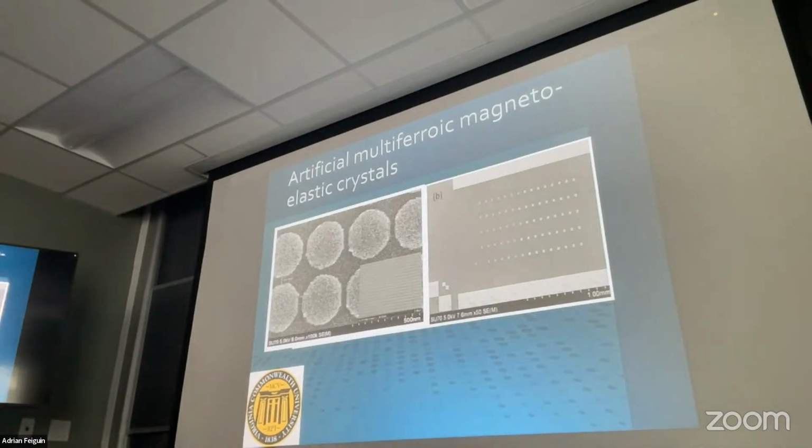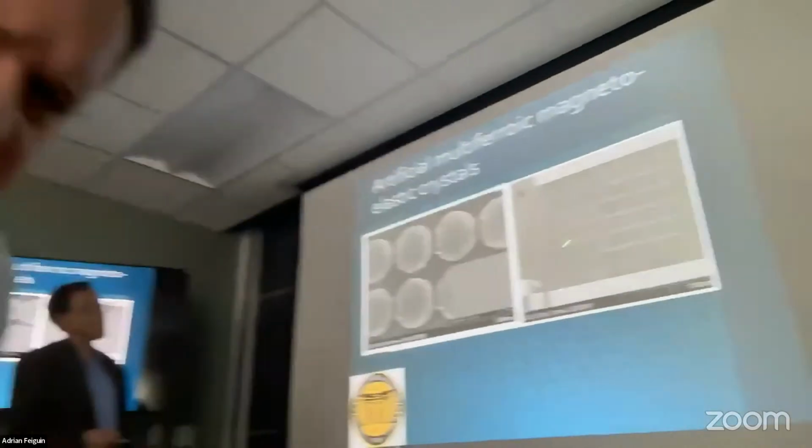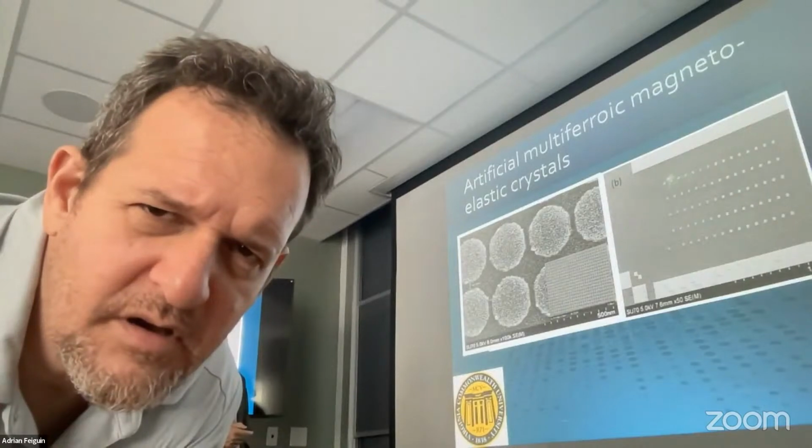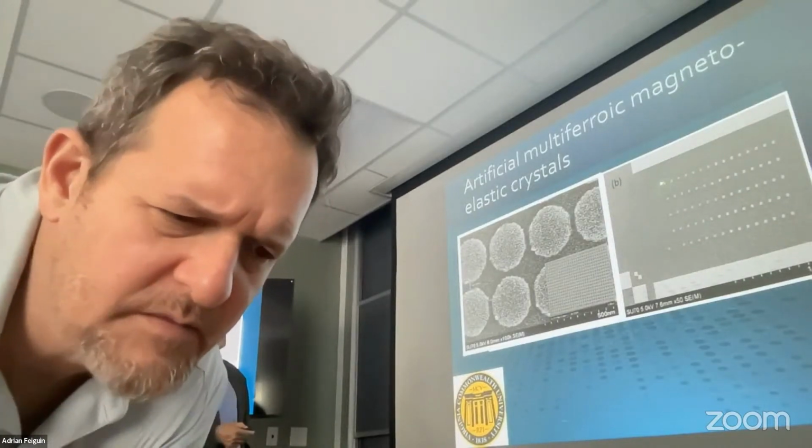So this is a low resolution image of the same nanomagnets. We have millions of them actually on a substrate. And the underlying substrate is piezoelectric, and that's important. In this low magnification figure, these little squares each have many nanomagnets.